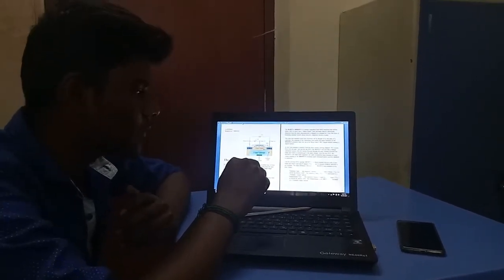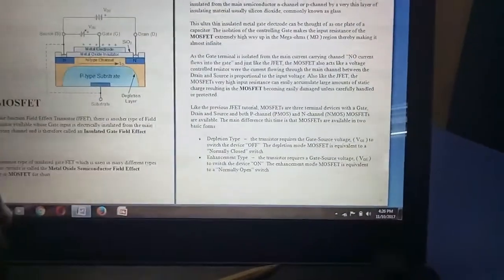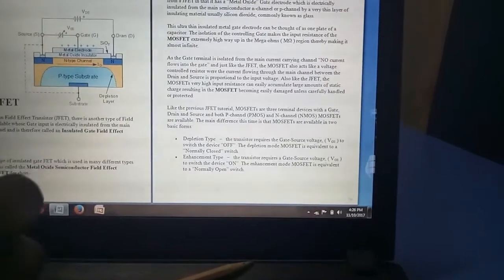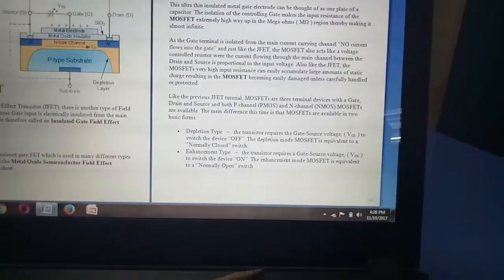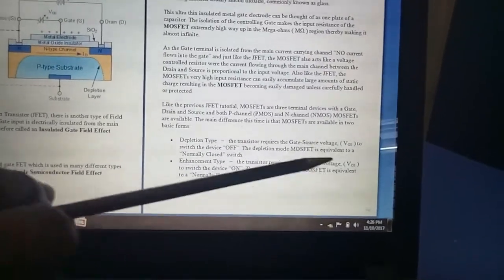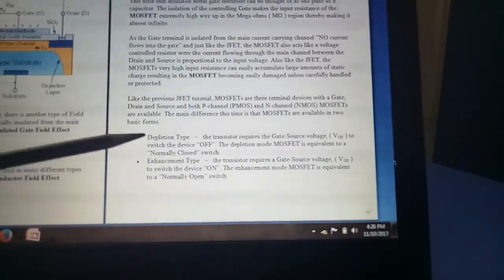Like the previous JFET tutorial, MOSFETs are three terminal devices with a gate, drain, and source, and both P channel (PMOS) and N channel (NMOS) MOSFETs are available. The main difference this time is that MOSFETs are available in two basic forms.